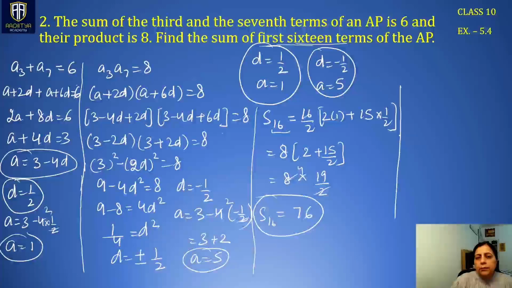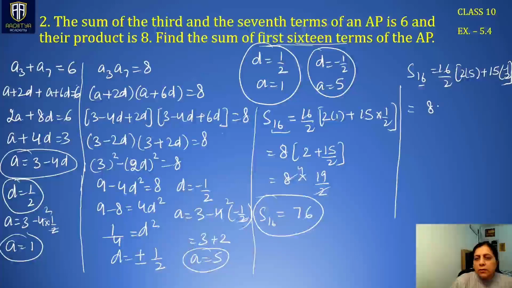The other one, S16 becomes 16 by 2, 2 times A. A in this case is 5, plus n minus 1, 16 minus 1 is 15, times D, which is minus half. Right?